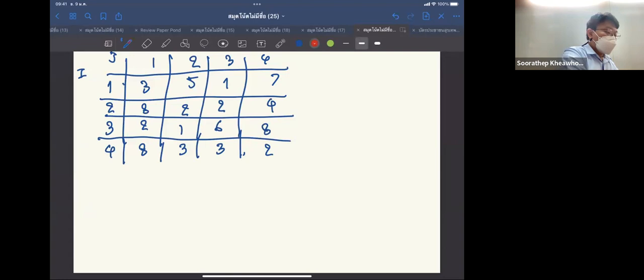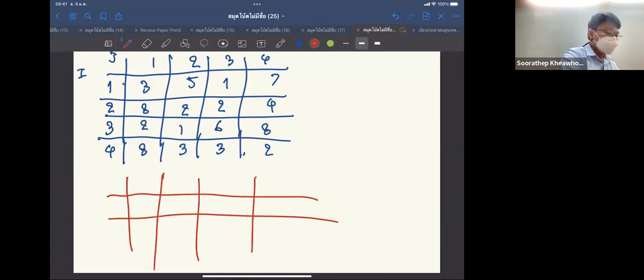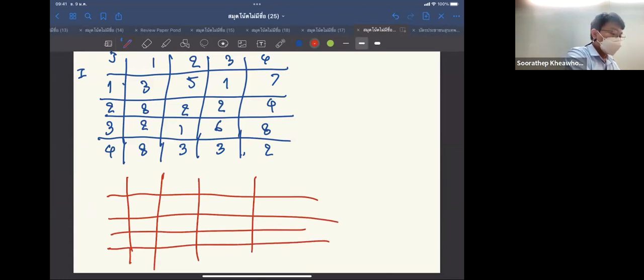Okay. And we have another table of xij. And you see that it can represent 0 or 1. For example, this scenario.